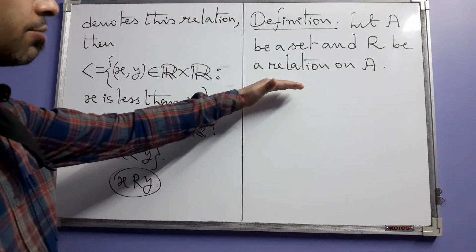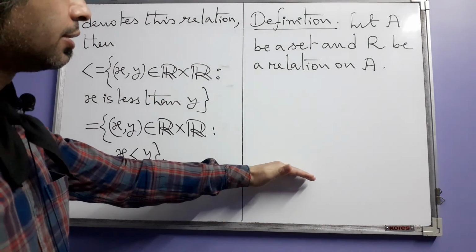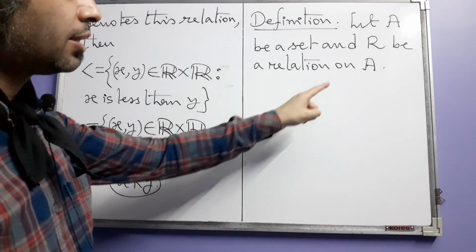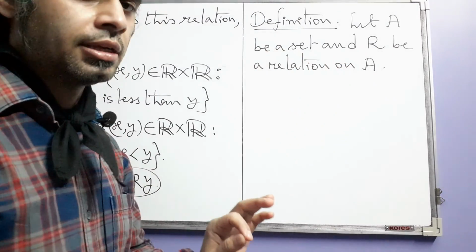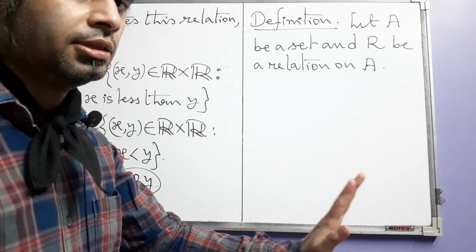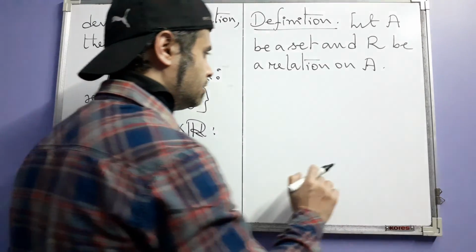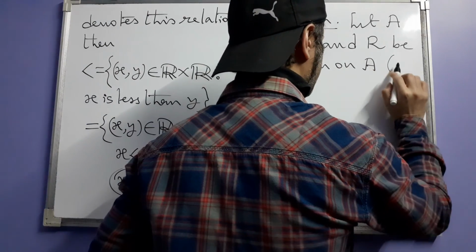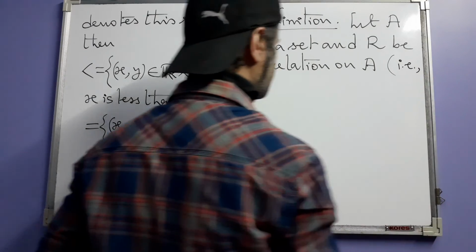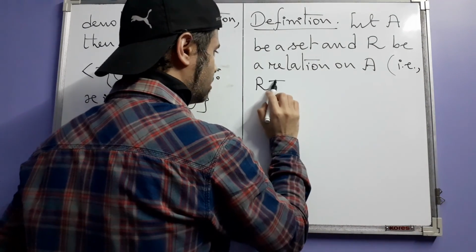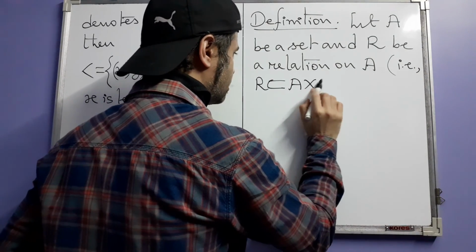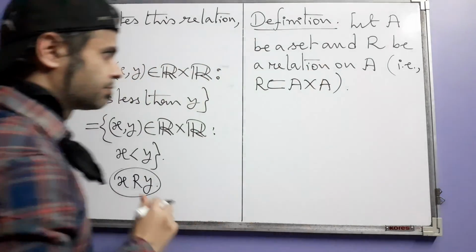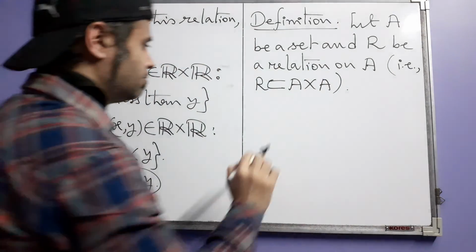Okay, now the things we are going to define next have only been defined for relations on a single set. Not from A to B in general, from A to A itself. And let me again remind you what this means. This means that R is a subset of A times A. Reflexive relation.